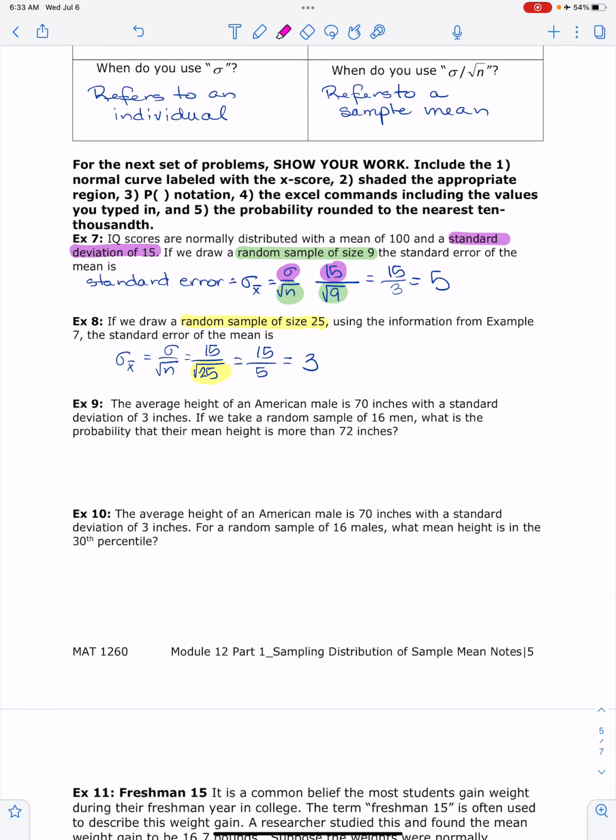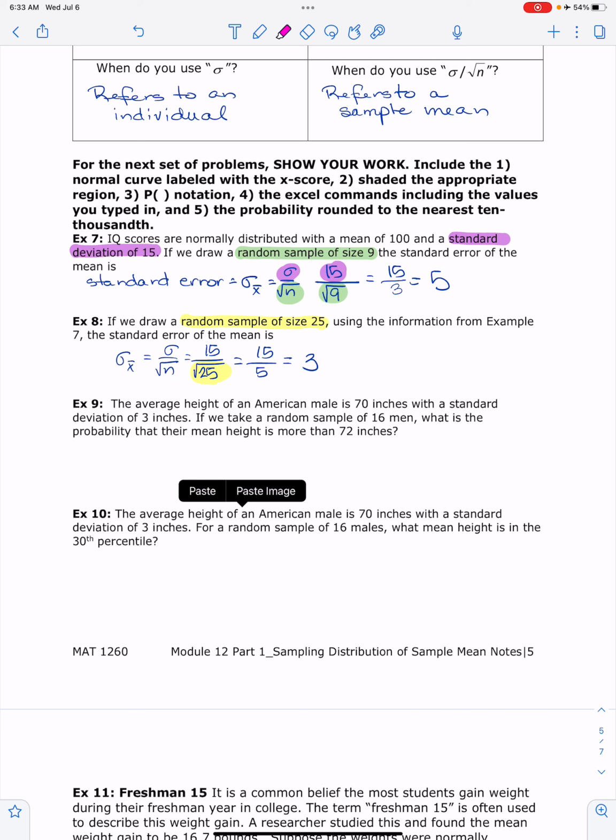Okay. So example 9, now we're going to take a look at these bold directions and make sure we get everything we need. We've got the average height of an American male is 70 inches with a standard deviation of 3 inches. If we take a random sample of 16 men, what's the probability that the mean height is more than 72 inches?